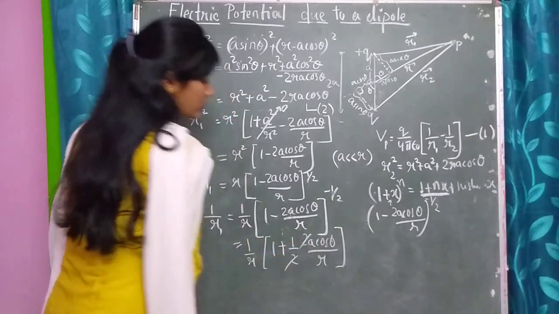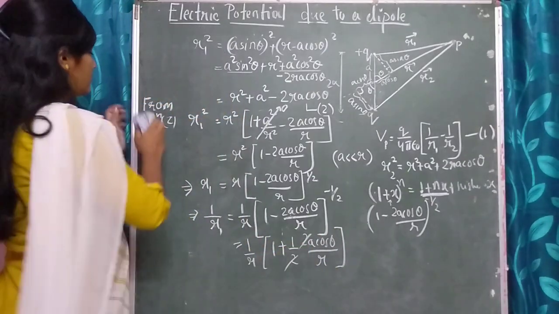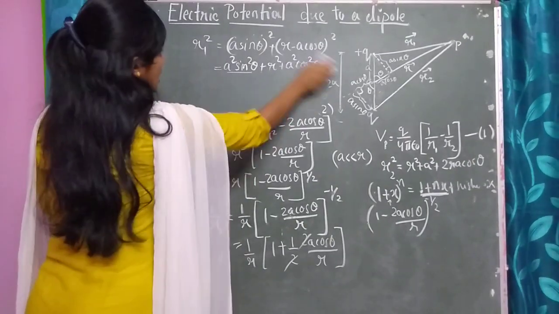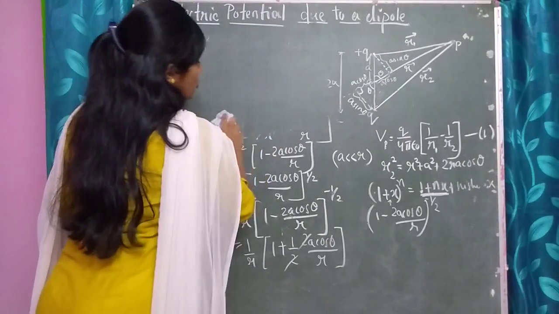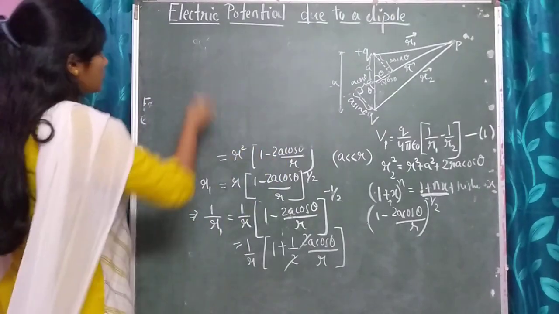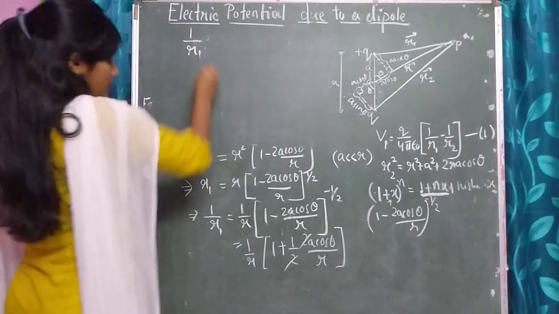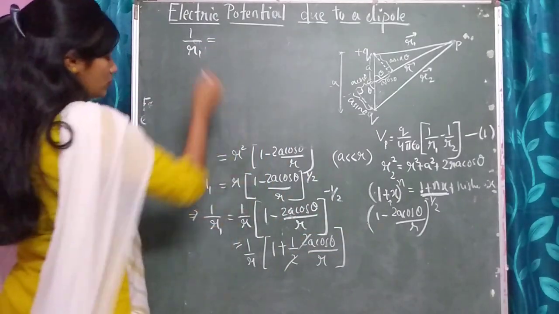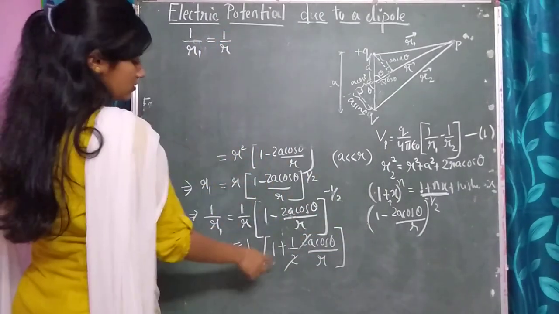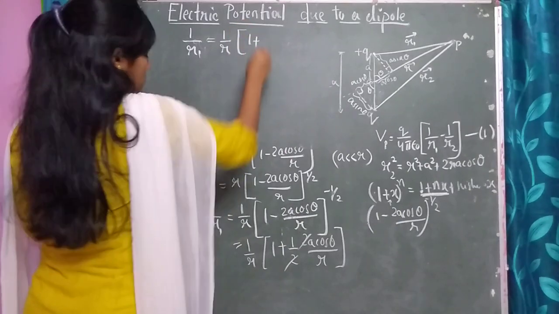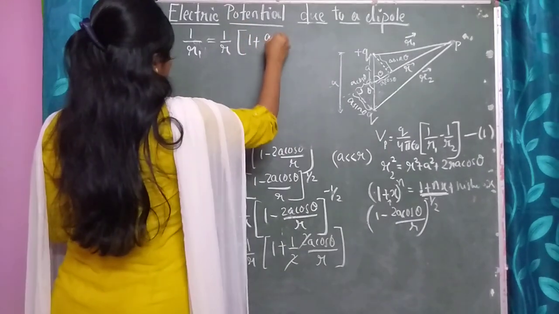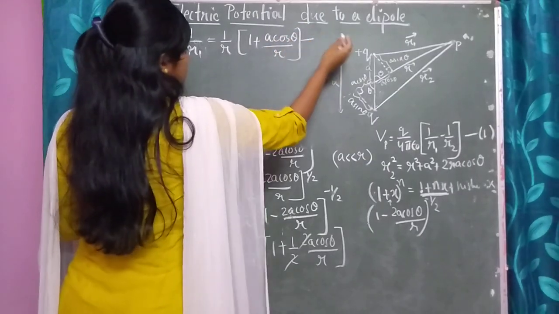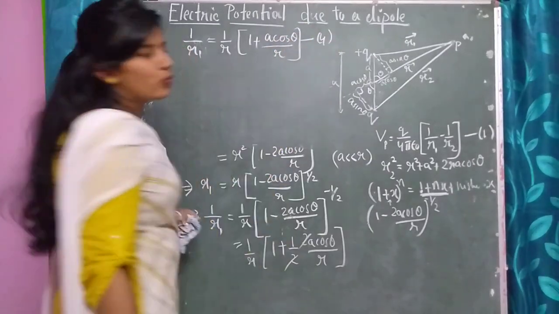This 2 gets cancelled and we get 1 by r1 equals 1 by r times (1 plus a cos theta by r). Let it be equation 4.